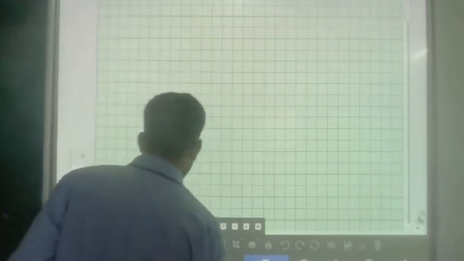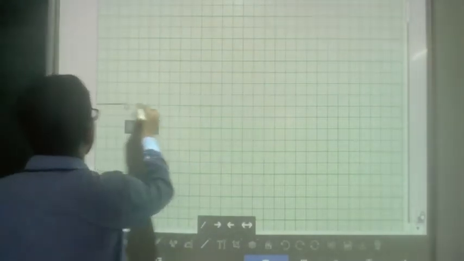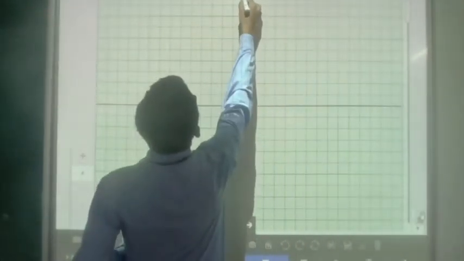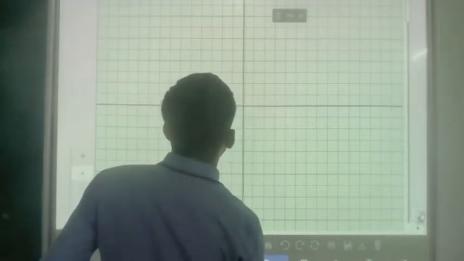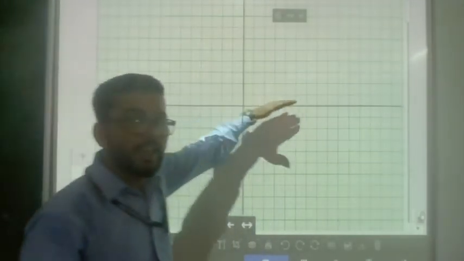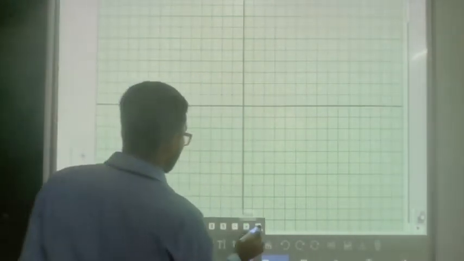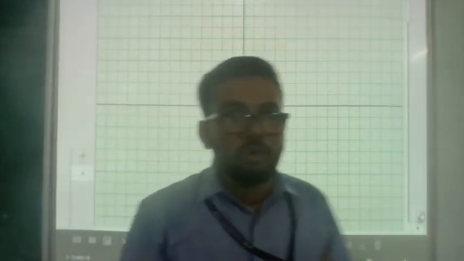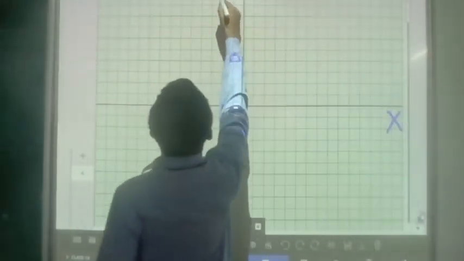Suppose we draw a graph, so we need to draw two intersecting lines, one vertically and another horizontally. The point where these lines intersect is the origin. The horizontal line is called the x-axis, as you all know, and the vertical line is called the y-axis.